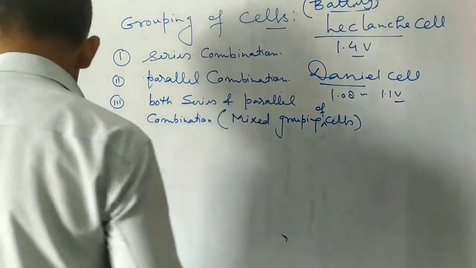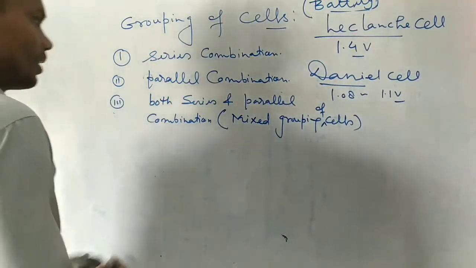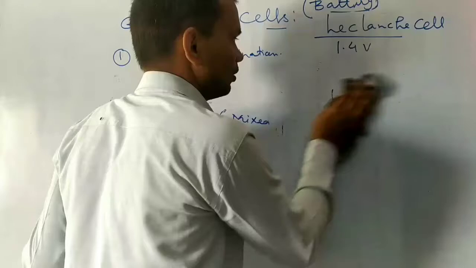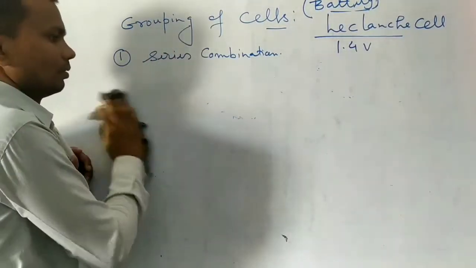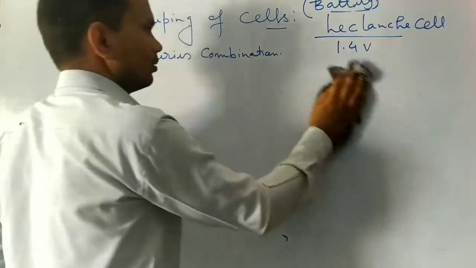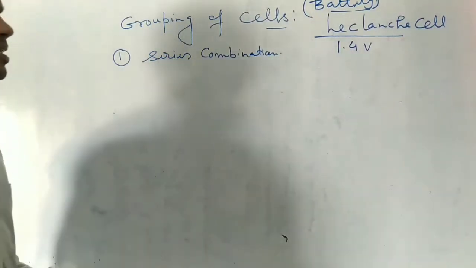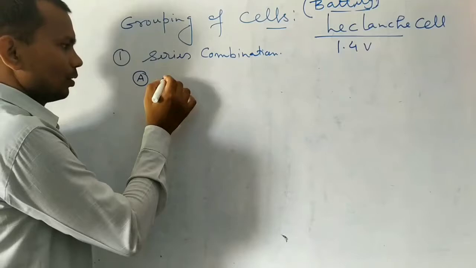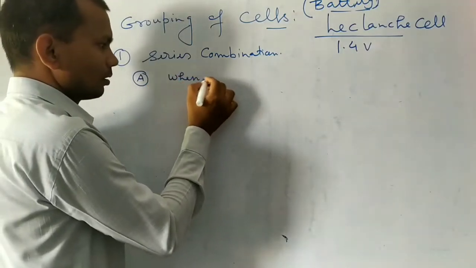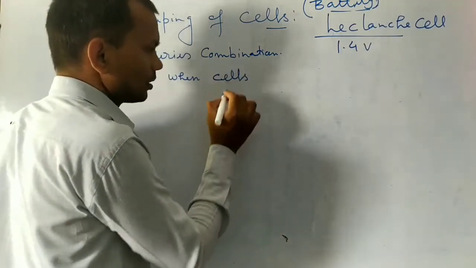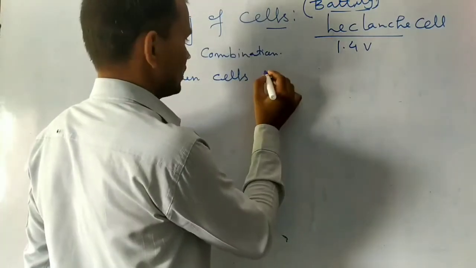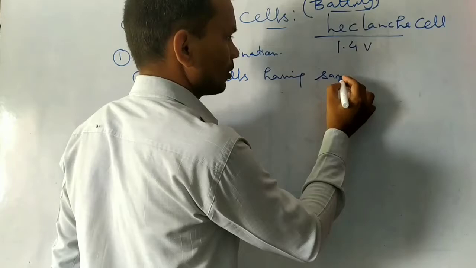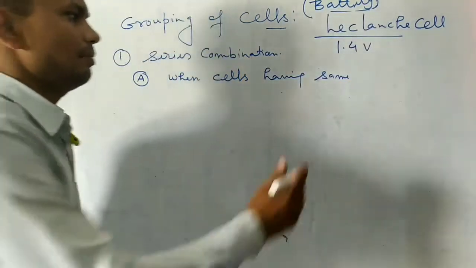First, series combination. In series combination, case A: when cells have the same EMF.